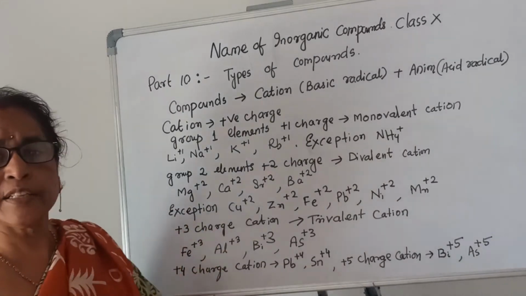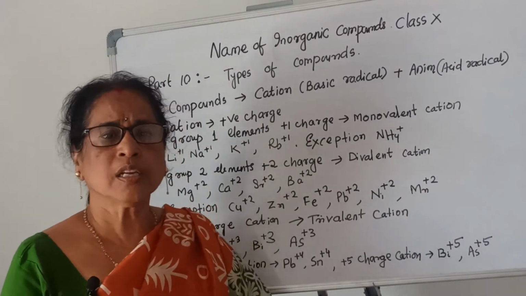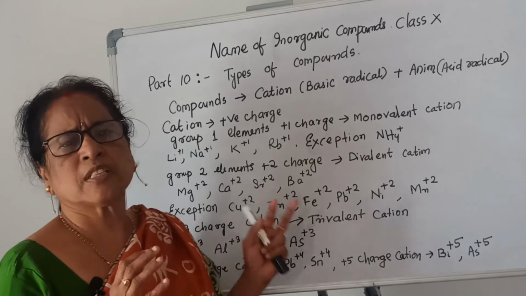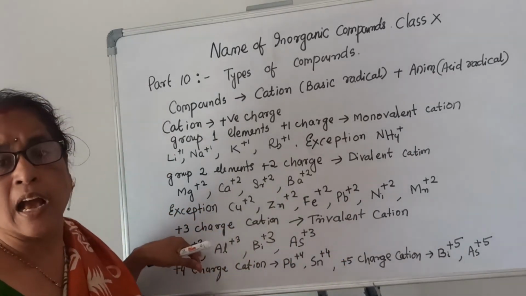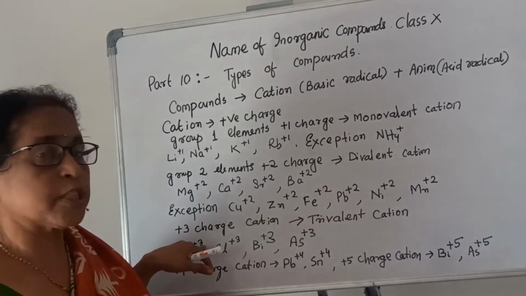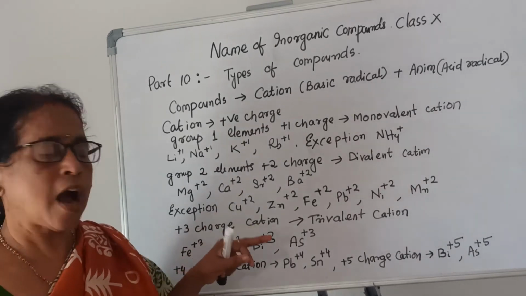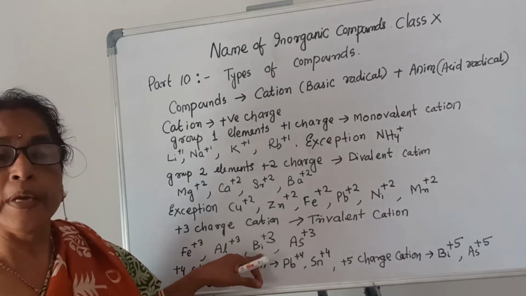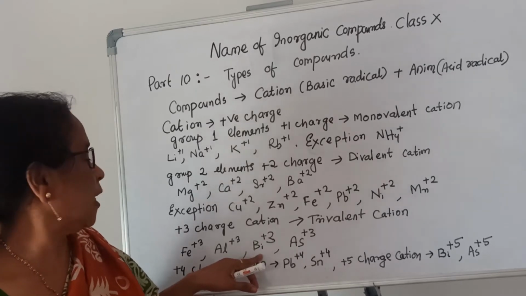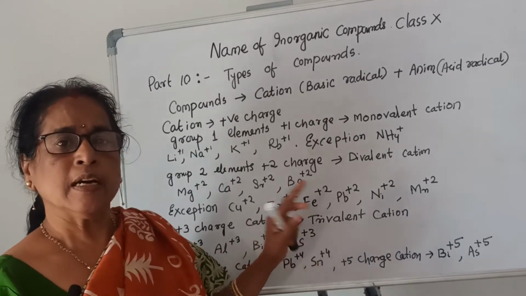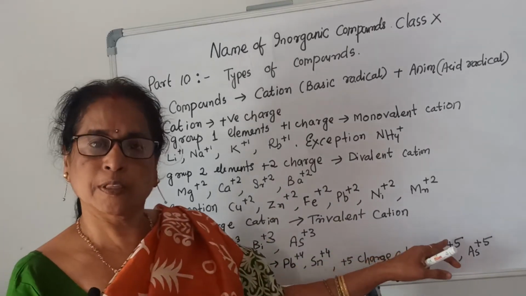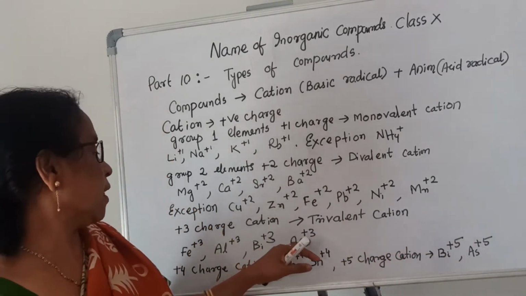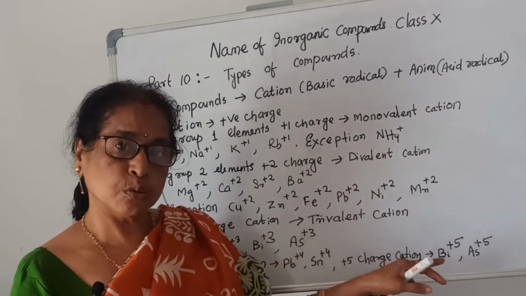Now for +3 charge cations, there are a few that we should remember. Fe +3 is ferric, Al +3 is aluminium. Then Bi means bismuth, +3, and As, +3. Remember that Bi +3 also shows Bi +5, and arsenic +3 also shows +5.